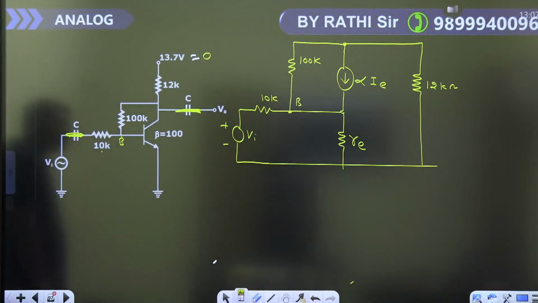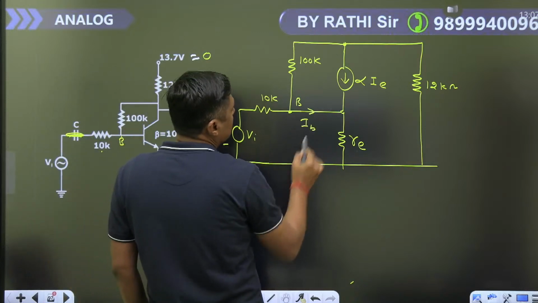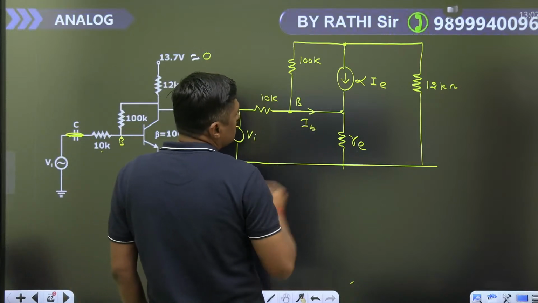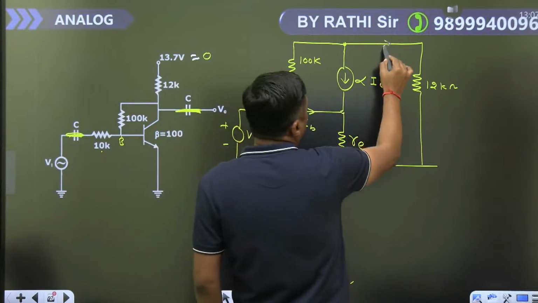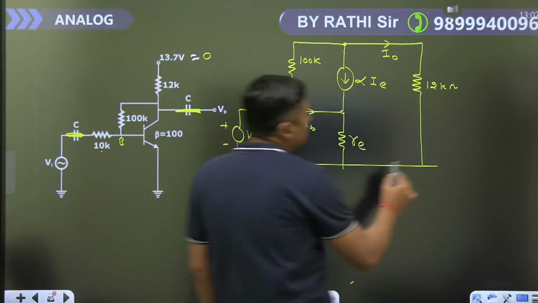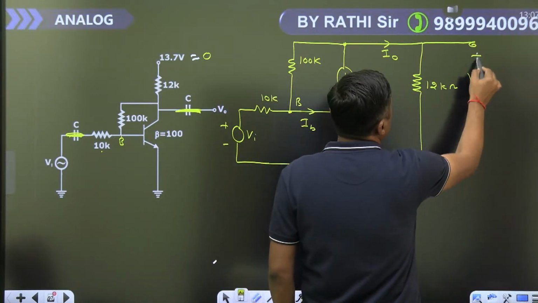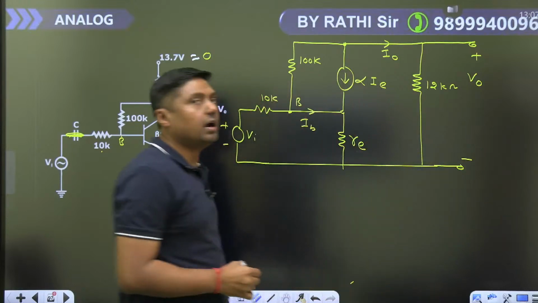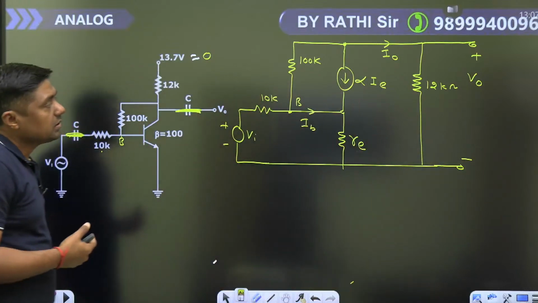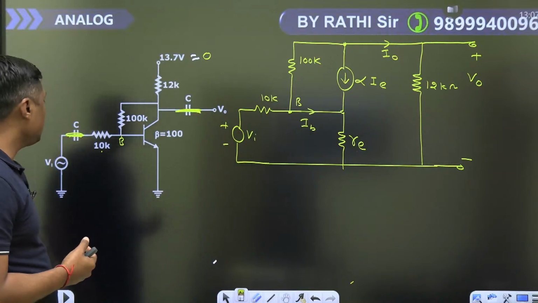It's up to you. If you want to apply, this is the base current IB. This is the alpha I, that is the output current I0. And we are getting the output from the collector, V0. If you have no idea about Miller's theorem, then simply apply the network and you have to find V0 upon Vi.